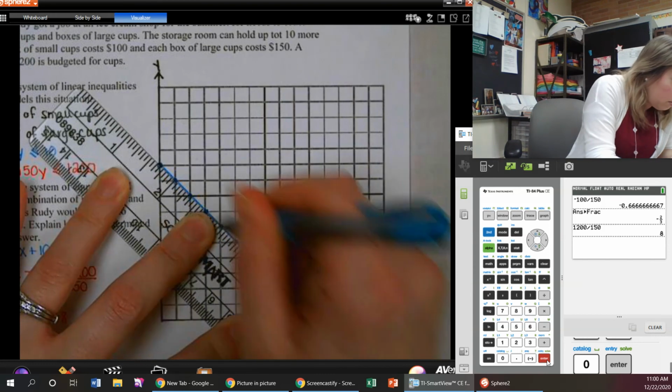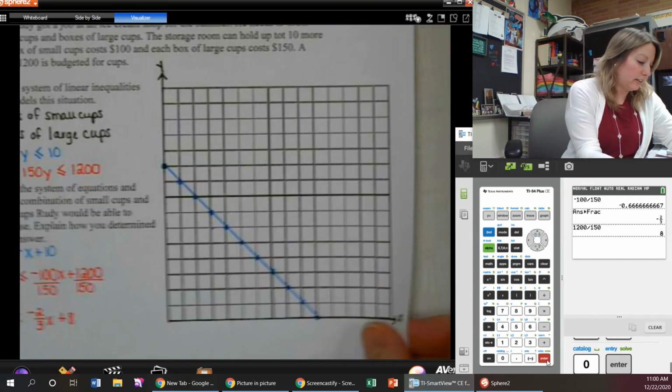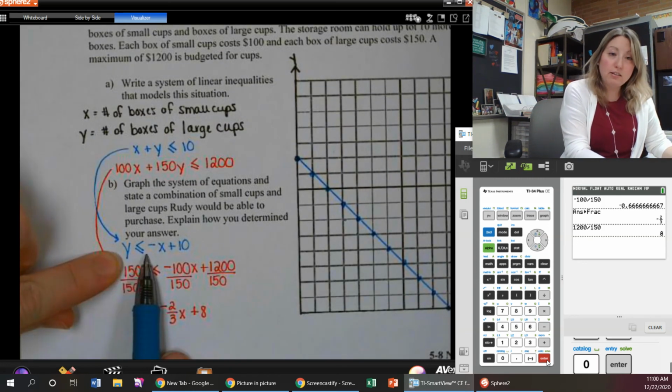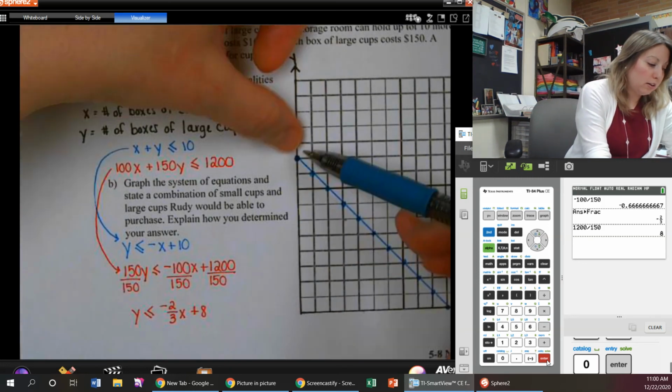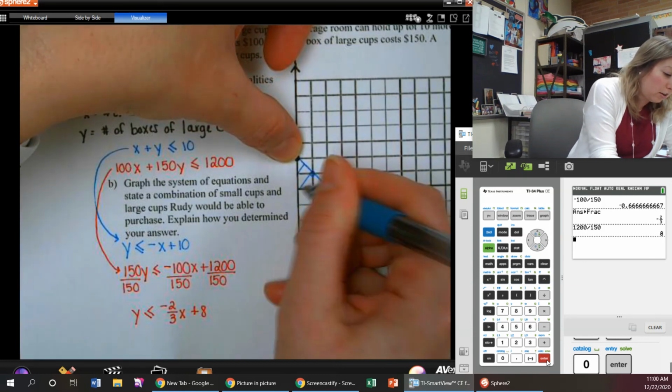There we go. Awesome. Shading, let's see. We need y to be less than or equal to. So less than 10 is 9, 8, 7, 6. So this is where we're going to shade the blue area.